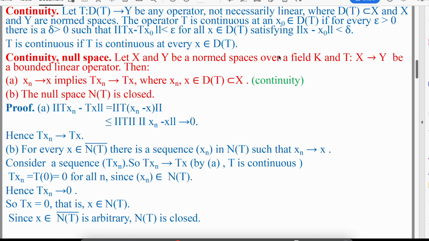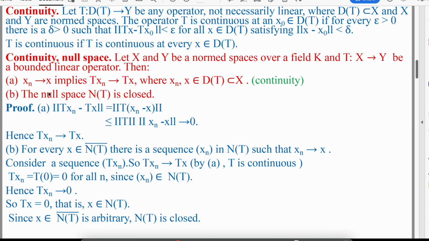Suppose X and Y are normed spaces over the field K, and T is an operator from X to Y, and it is a bounded linear operator, then xn tends to x implies Txn tends to Tx, where xn and x belong to domain of T, which is a subset of X. Xn tends to x implies Txn tends to Tx is the same as the continuity of T, because by definition T is continuous if xn tends to x implies Txn tends to Tx.